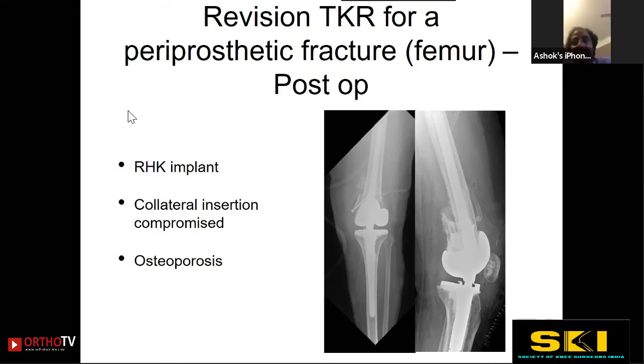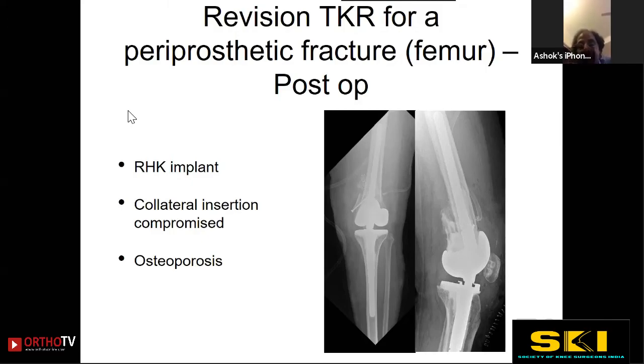We thread the augments using a long 220-240 stem, and we take the comminuted bone around it. Again, our article has just been accepted for publication on the role of stacked TM cones.